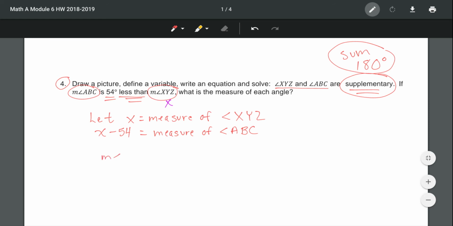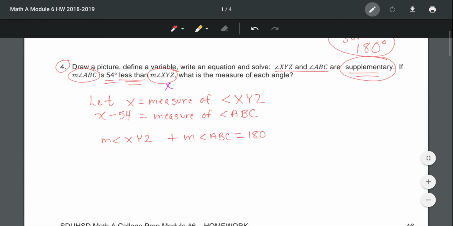So the measure of angle XYZ plus the measure of angle ABC is going to equal 180. So x plus x minus 54, and that sum equals 180.